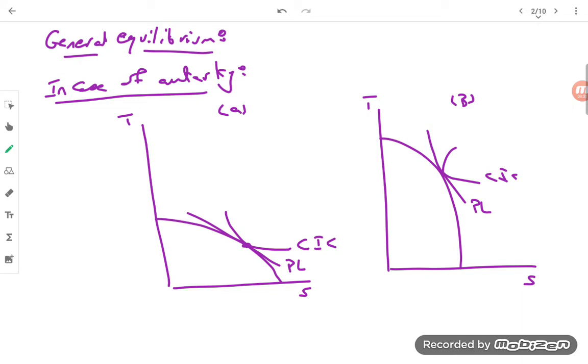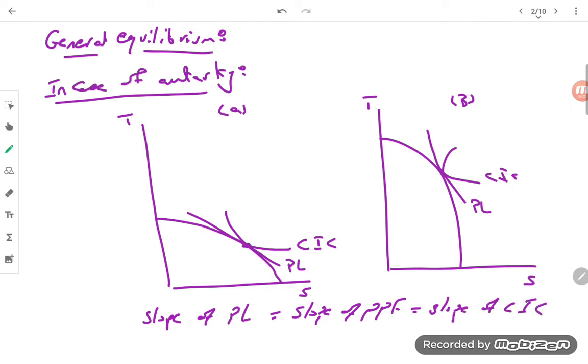So in this case, general equilibrium will be achieved when the slope of the price line, which is the relative price, is equivalent to the slope of the PPF, which is equivalent to the slope of the CIC. This is before international trade and specialization.